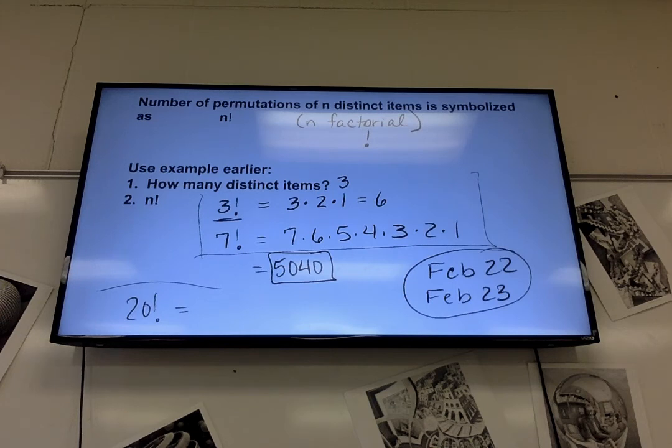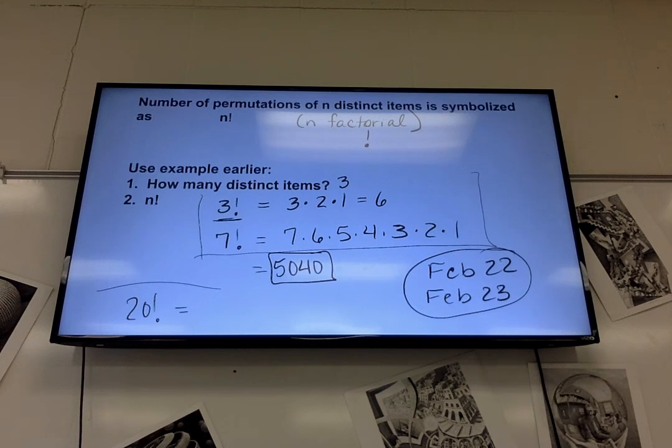So just as a review, because we're going to use this, permutations are when you rearrange something. So it's when the order makes a difference. Like if I'm going to line up people in a row, how many different arrangements I make, order definitely makes a difference.